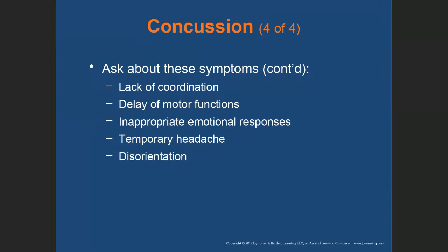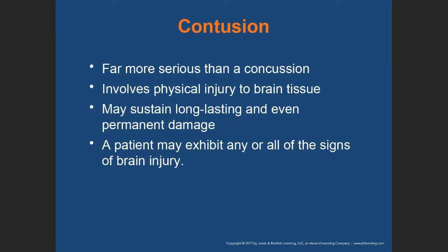Lack of coordination, delay of motor function, inappropriate emotional response, temporary headache, disorientation. So the same signs and symptoms that they get with the temporary concussion are the same symptoms that they get with concussion syndrome, which is long-term effects. The same effects. It's just now long-term. Once it's long-term, it's referred to as concussion syndrome. Big problem in the United States.